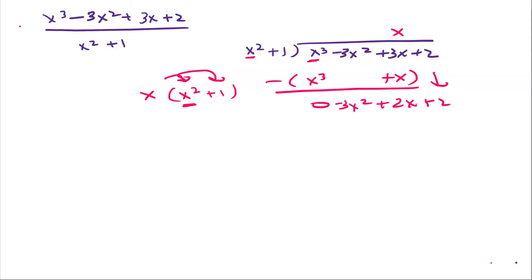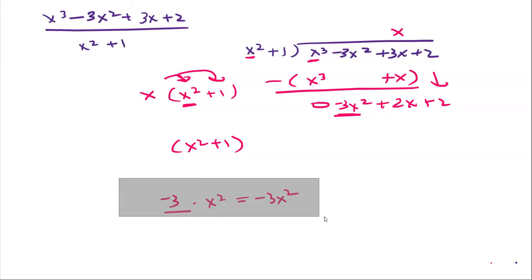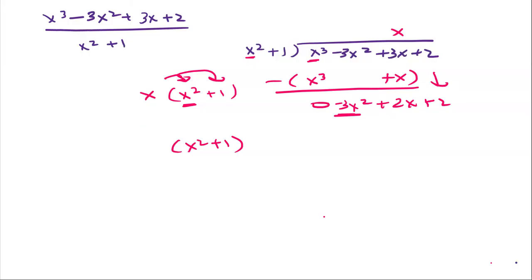All right. Then I go through the same process again. What can I multiply x squared plus 1 by to give me a negative 3x squared? So what can I multiply x squared by to give me a negative 3x squared? Yep, exactly, negative 3 times x squared is negative 3x squared. So that's what I need to multiply by. So negative 3, multiply that.